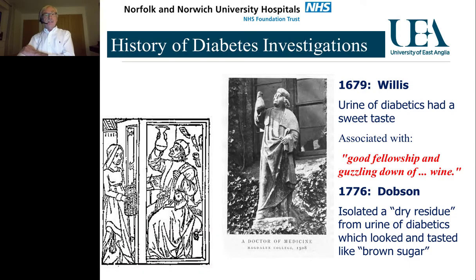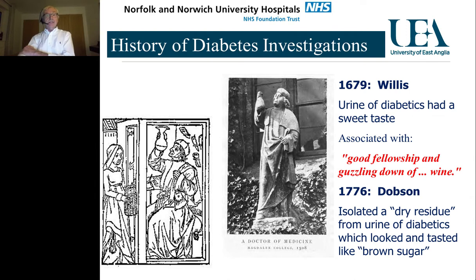Coming forward to the 1600s, a biochemist and physician called Willis described the urine of diabetics as having a sweet taste. And of course, he knew that he was a biochemist because he associated this with guzzling down of wine. But urine became a very important part in identifying diabetics for many, many years.